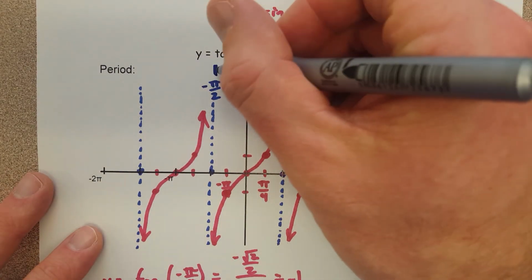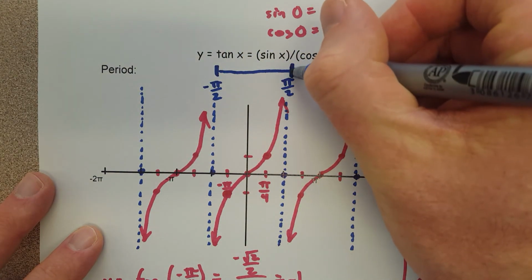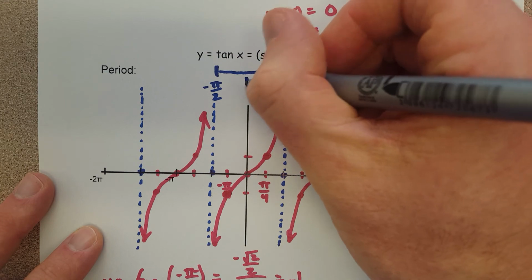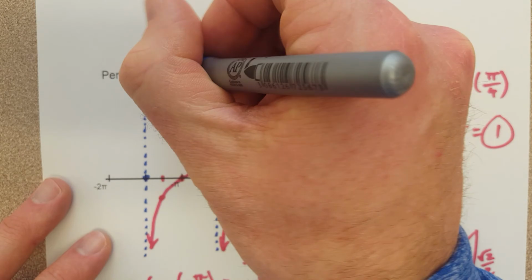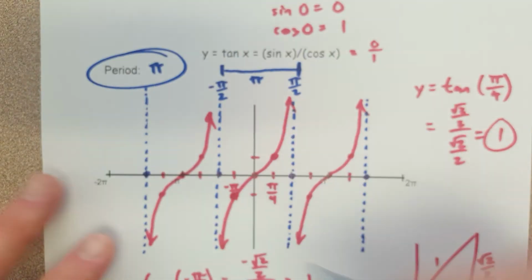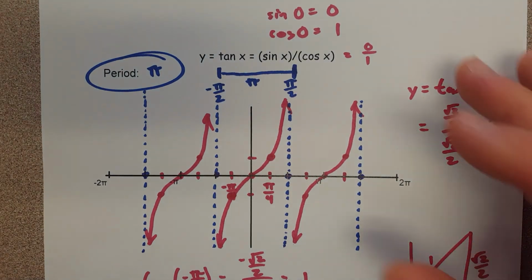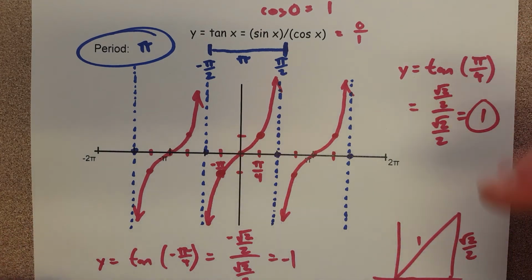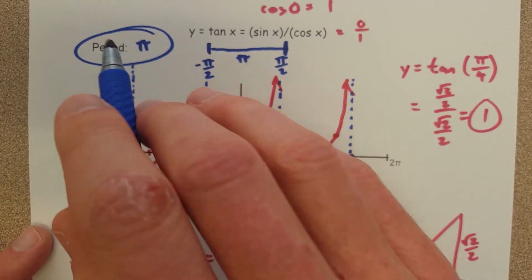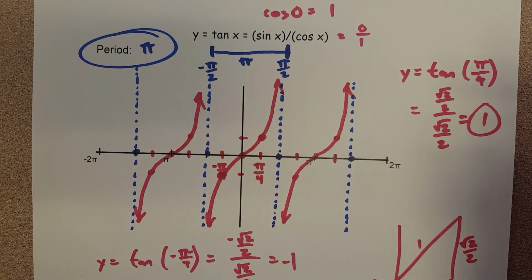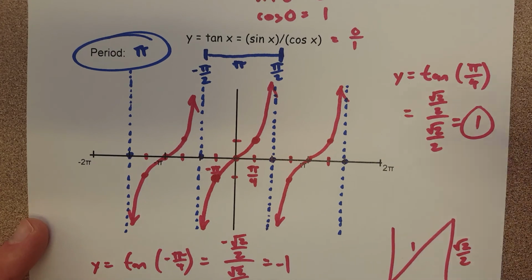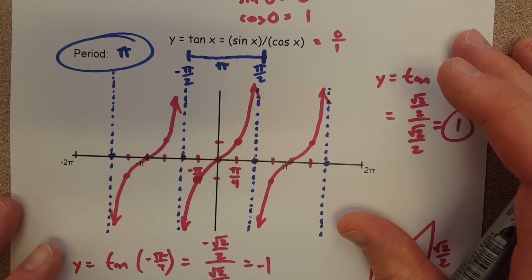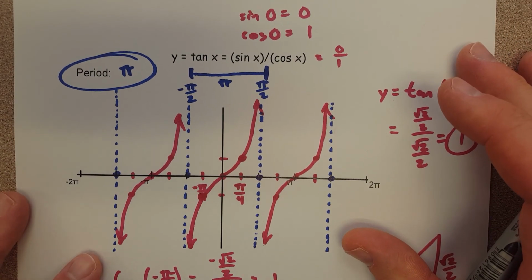If you go all the way from here to here, this is going to be a total change of pi. So what that means for tangent is that if we don't do any transformations to this, the period is going to be pi. That's different from every other graph that we've had so far. So that's something to really make note of here, that the period of tangent is pi. That's also going to be the same thing with the cotangent, but we'll get to that in the next example.